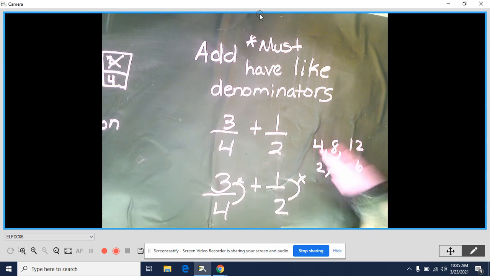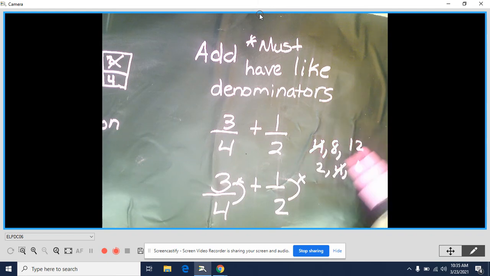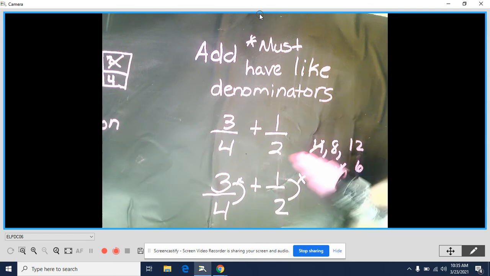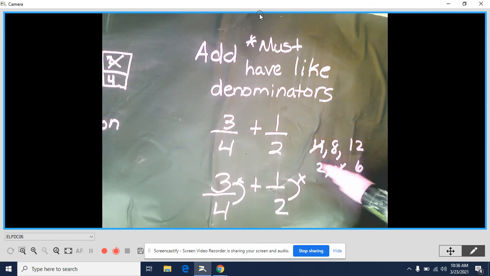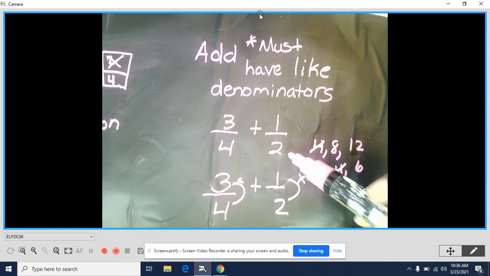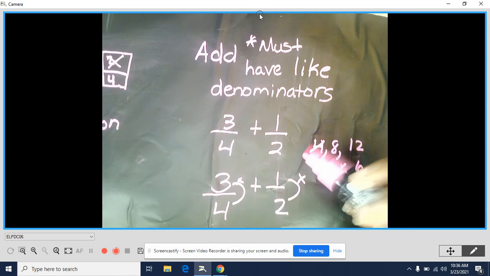I can already see that they have common multiples. And common multiples will also give me common factors. When I look at this right here, what I can see is that I can multiply 2 by 2 and get 4. And that will help me to get like denominators.